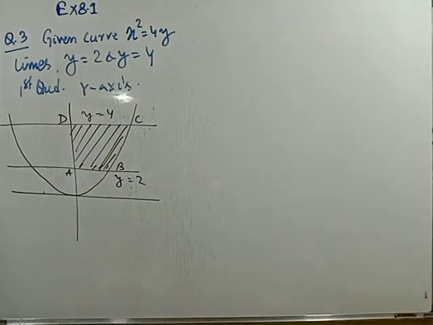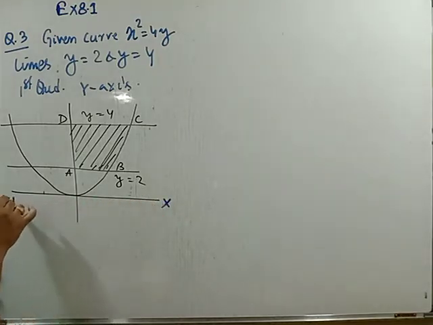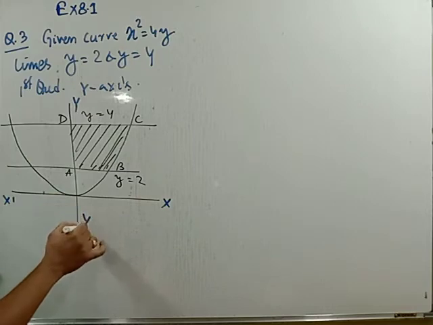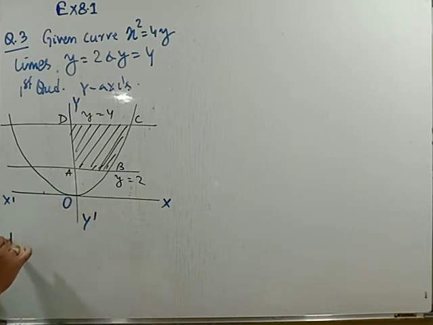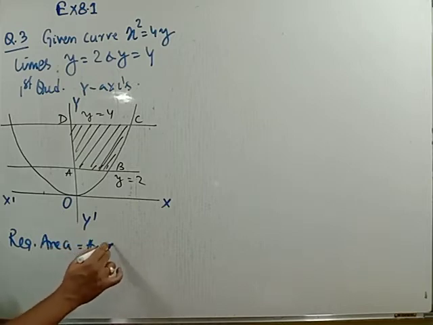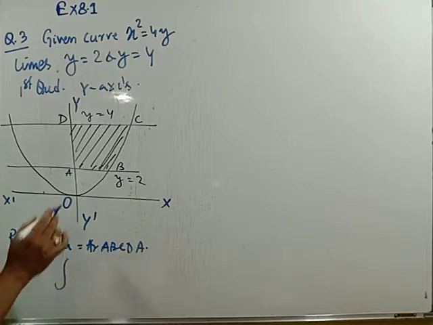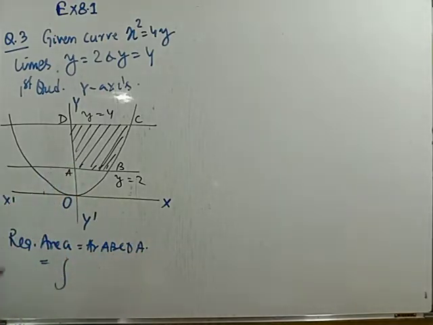Then what will happen? The required area. You can name it. This is x axis, y axis. Required area is equal to area A, B, C, D, which is nothing but the integration with respect to the y axis here.